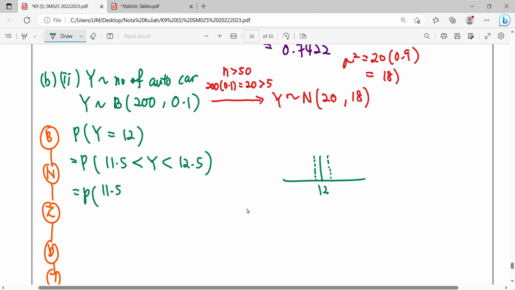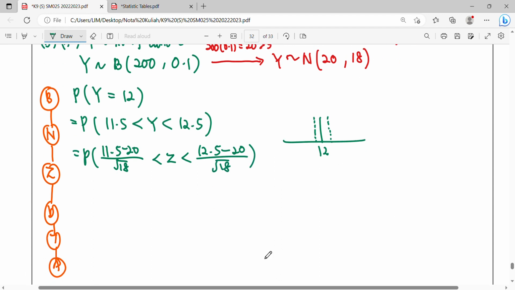Minus the mean 20 over the standard deviation, square root of 18, change to z. So make sure your z score is to 2 decimal places only. Rounding here, 2 decimal places only.